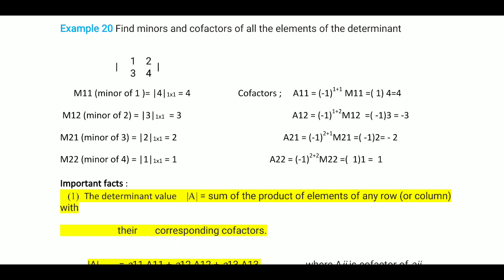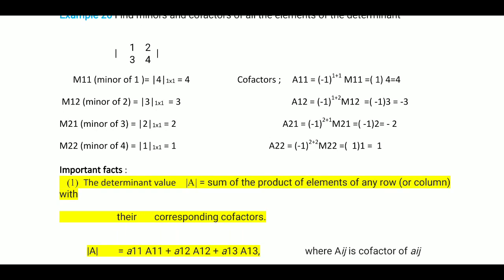So we write minus 1 power 1 plus 1, into the minor M11, that is 4. So minus 1 power 2 into 4. Minus 1 power 2 means 1. 1 into 4 is 4. So cofactor A11 is equal to 4.